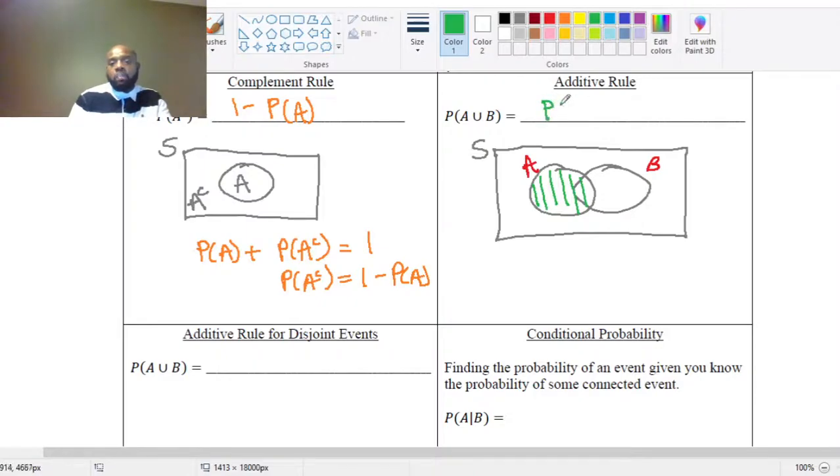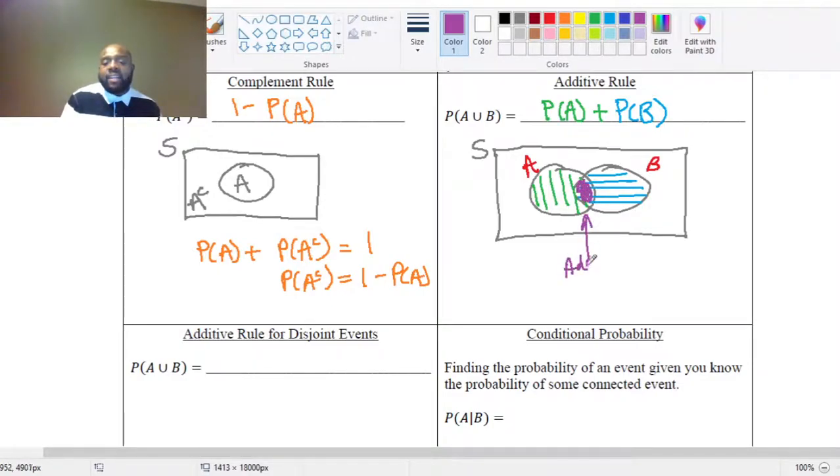So it's going to include probability of A. And it also has to include things that are in event B. So I'm going to add to that the probability of event B. But notice what I did. I added the things that are in the intersection between A and B, which is this part here. These were added twice.